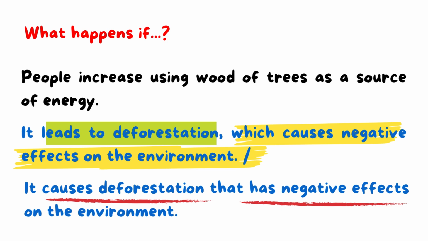Or we can say it causes deforestation that has negative effects on the environment. Okay, so you must mention that this will make deforestation and this has a negative effect on the environment.